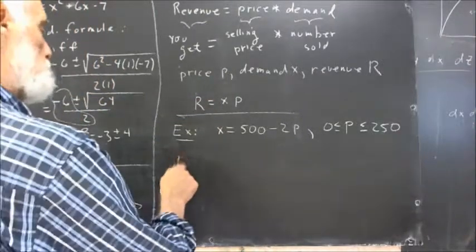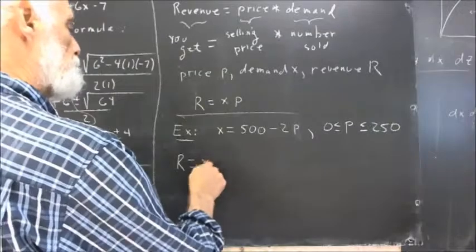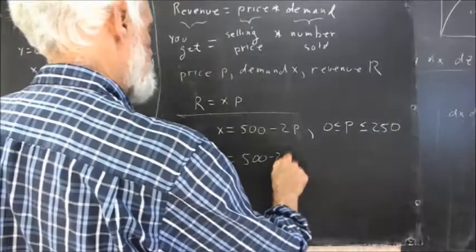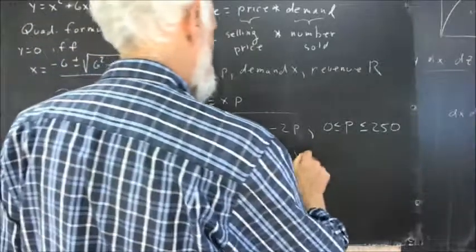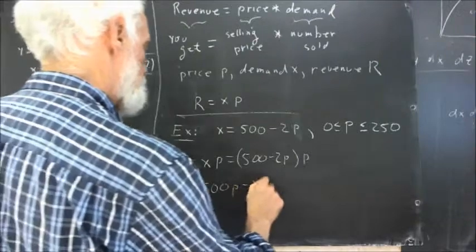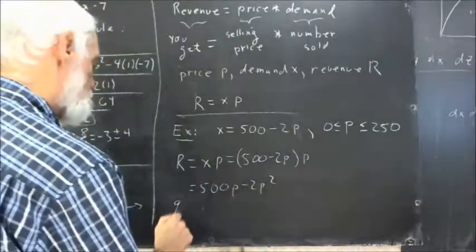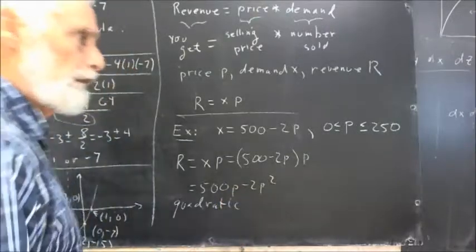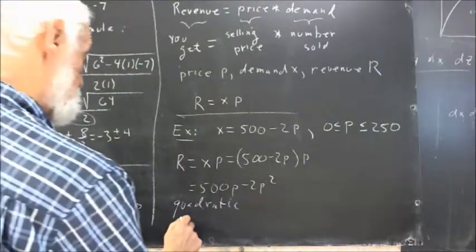Now the revenue is XP, which is 500 minus 2P times P, and that equals 500P minus 2P squared. This is a quadratic function. It can easily be graphed by factoring.